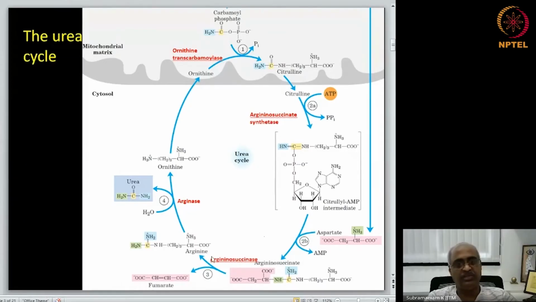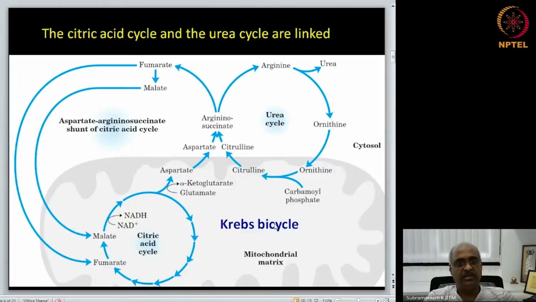Okay, so in the operation of 1 round of the cycle, you get rid of 2 ammonia groups in the form of urea.